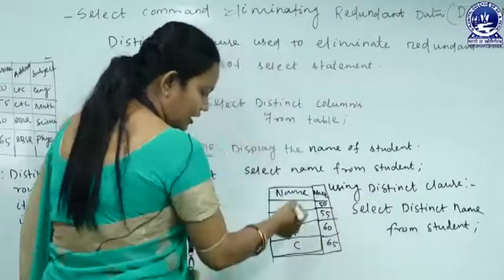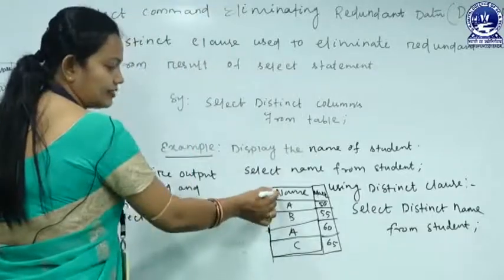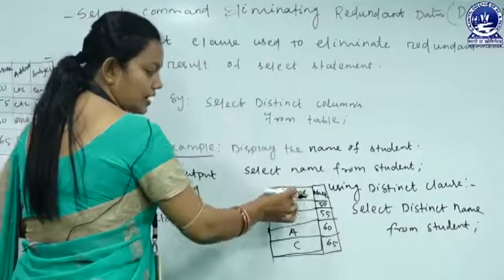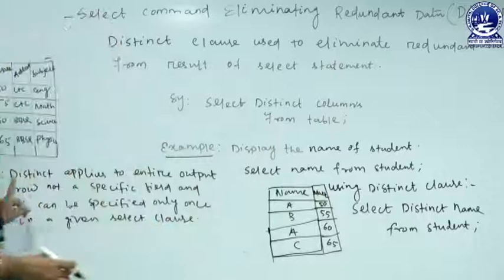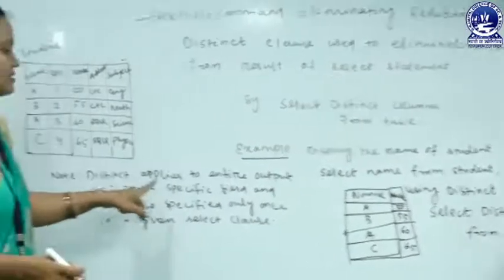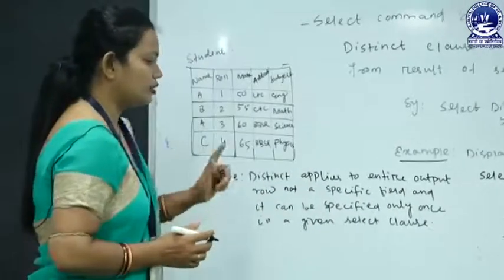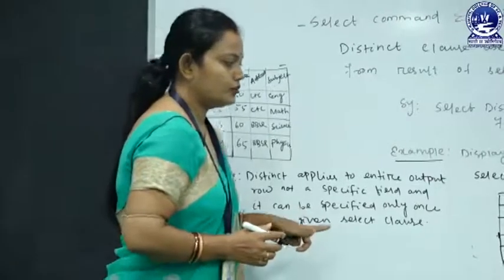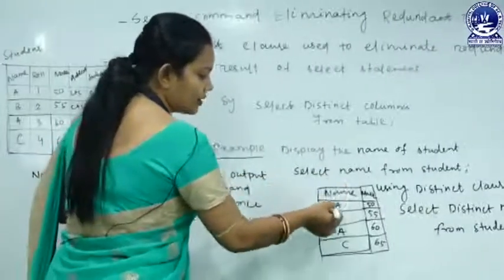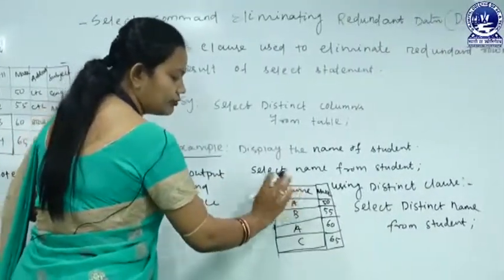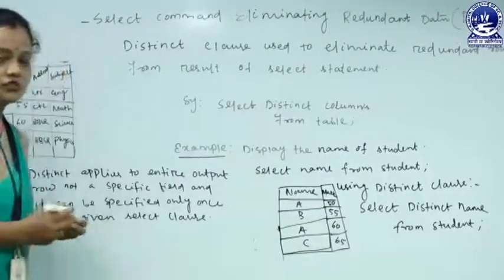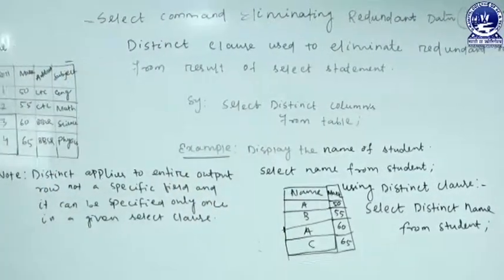You can't apply distinct to a single attribute; you must apply it to both attributes. Distinct is applied to the entire output row, not to a specified field. So, this is all about the distinct clause.